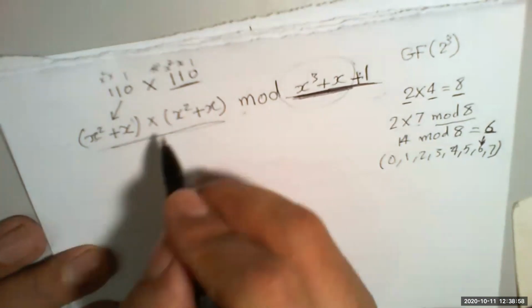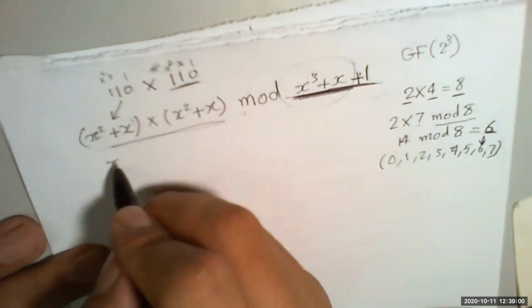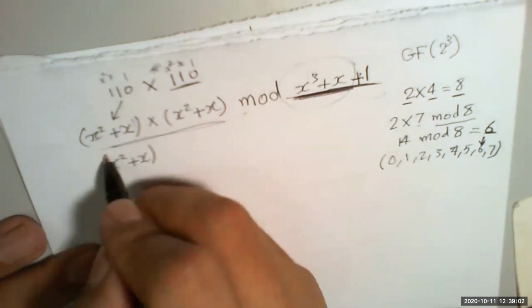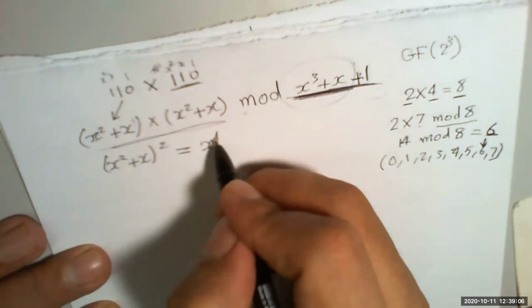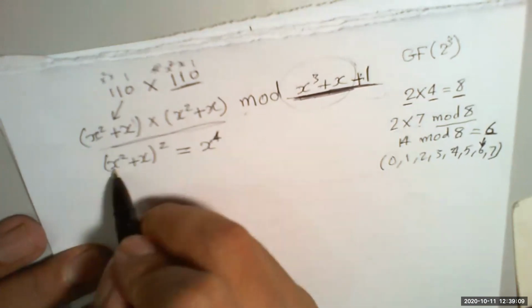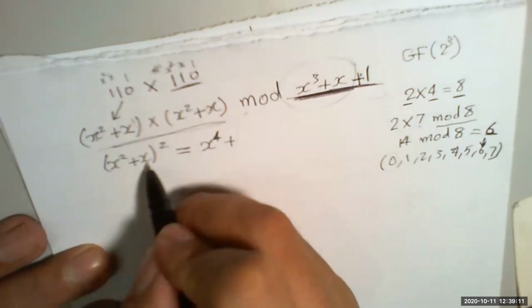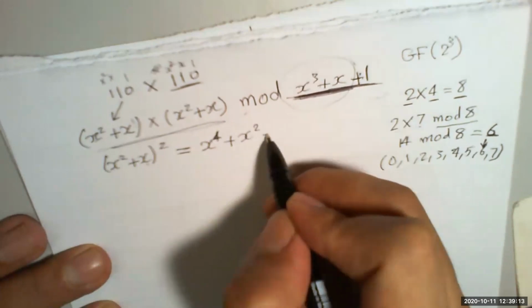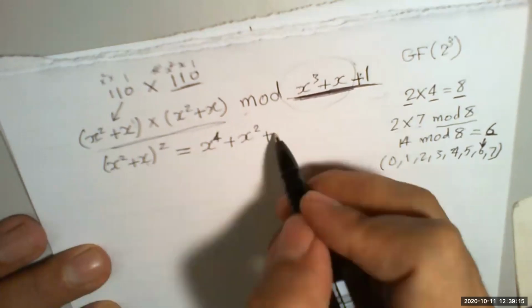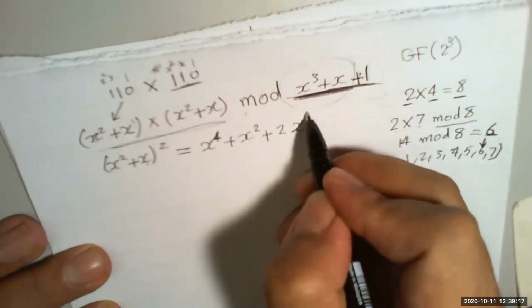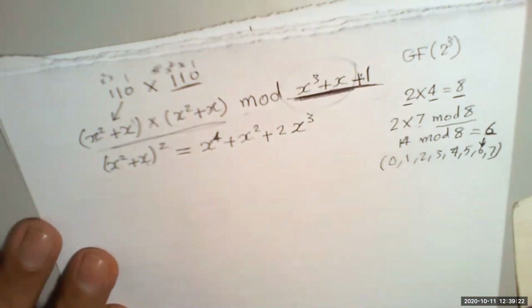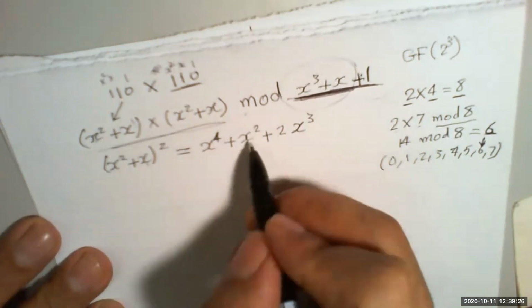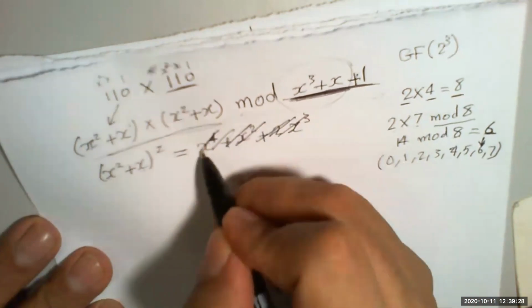So multiply that by that, it is like x squared times x squared. This is exactly x to the power 4 plus x squared plus 2x cubed. Okay? But this is not true.